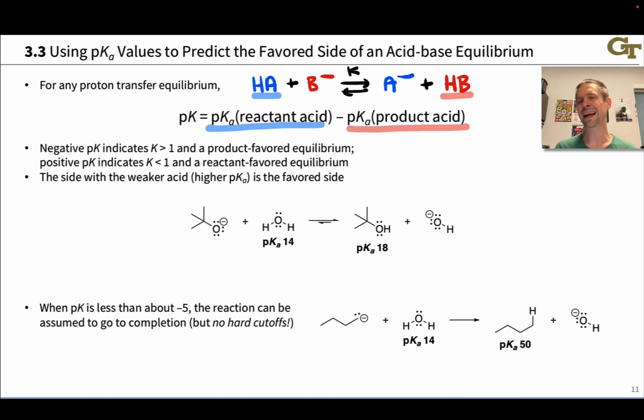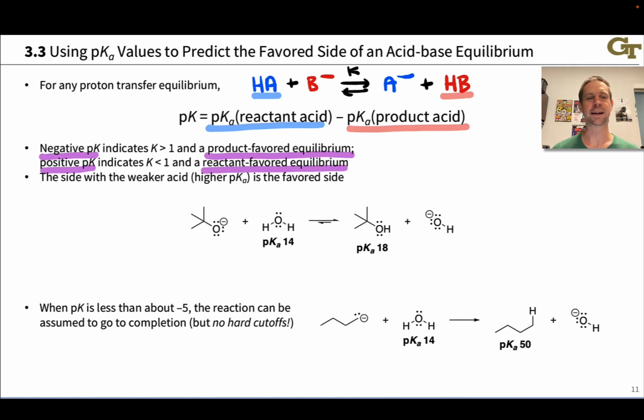And so the more negative it is, the more product favored the reaction is. Negative pK indicates that the equilibrium constant is greater than 1 and that at equilibrium the products are favored, or the reaction is favored in the forward direction. Positive pK indicates that the equilibrium constant is less than 1, such that the reactants are favored at equilibrium, or the reaction runs in reverse spontaneously.